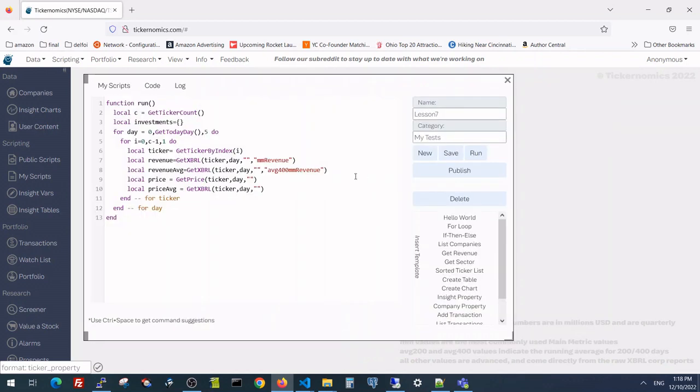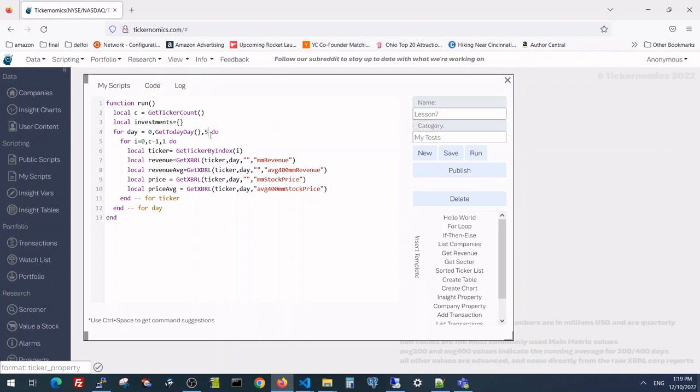Okay. 400 stock price. We actually can use this as well. We just need to use the XBRL command. Alright, so that should give us everything we need.